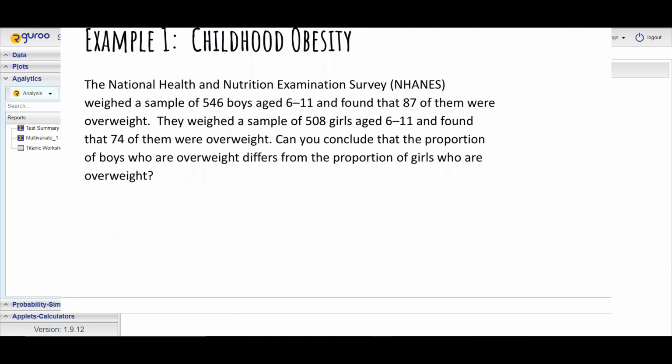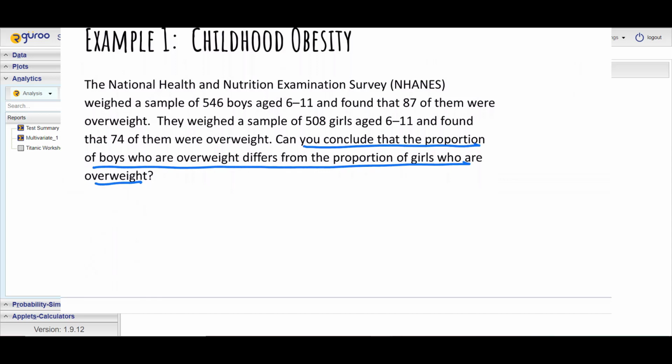Okay, so let's look at an example, childhood obesity. The National Health and Nutrition Examination Survey weighed a sample of 546 boys aged 6 to 11 and found that 87 of them were overweight. They weighed a sample of 508 girls aged 6 to 11 and found that 74 of them were overweight. Can you conclude that the proportion of boys who are overweight differs from the proportion of girls who are overweight?